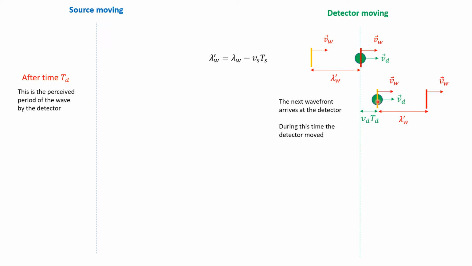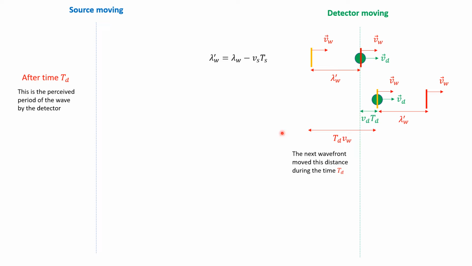But during that time, the detector itself has moved, because it is now moving with the speed vd. So during that time td, how much distance has the detector moved? It moved speed times the time. So that's the time at which the second wavefront arrives at the detector, but the detector itself has moved.